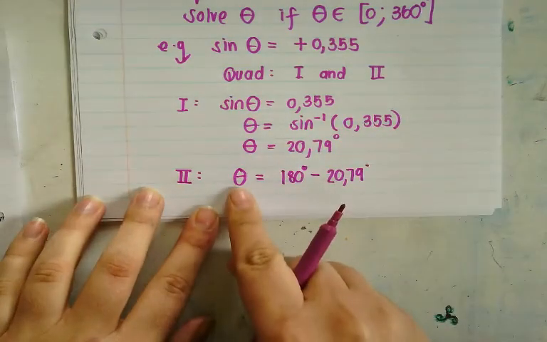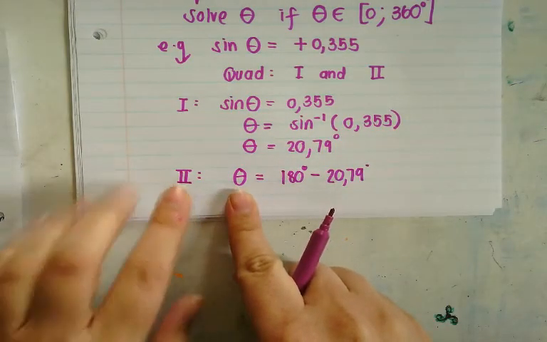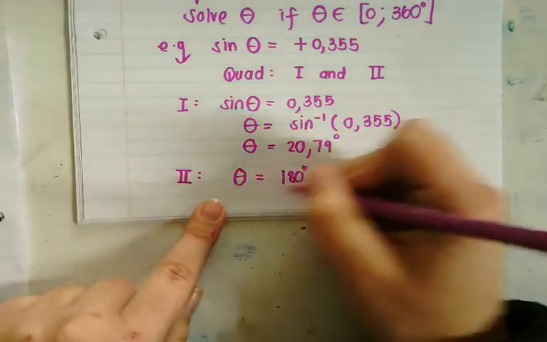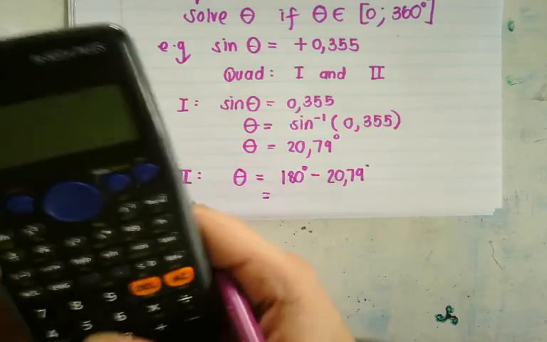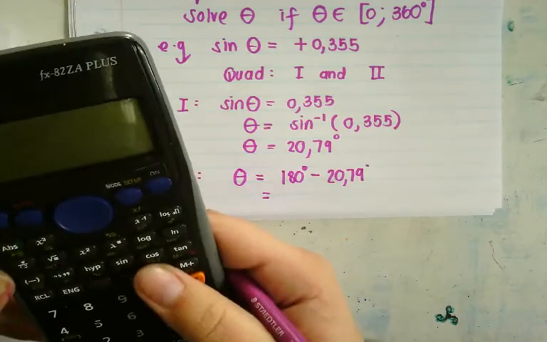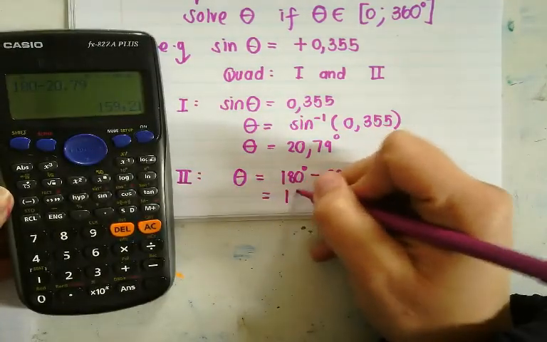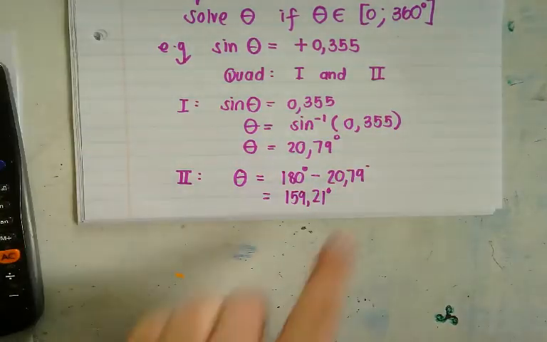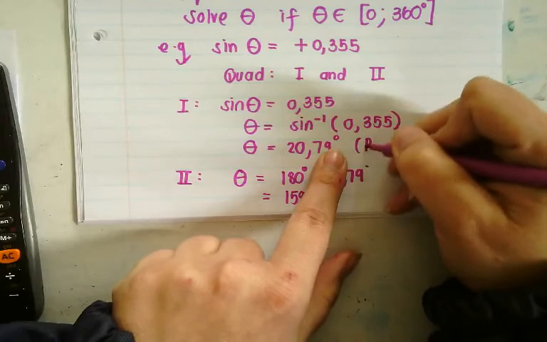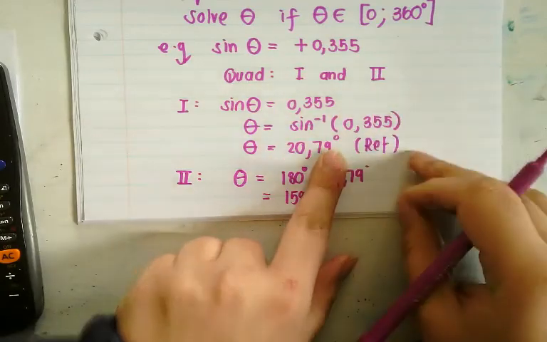So the angle in that quadrant that will give me the same value is 159.21 degrees. So this is called my reference angle.